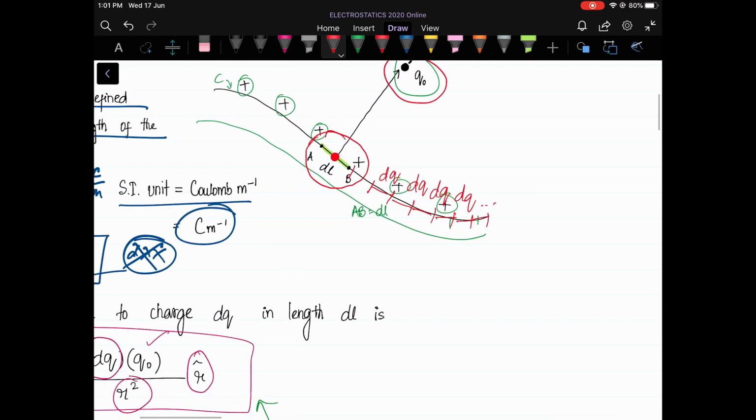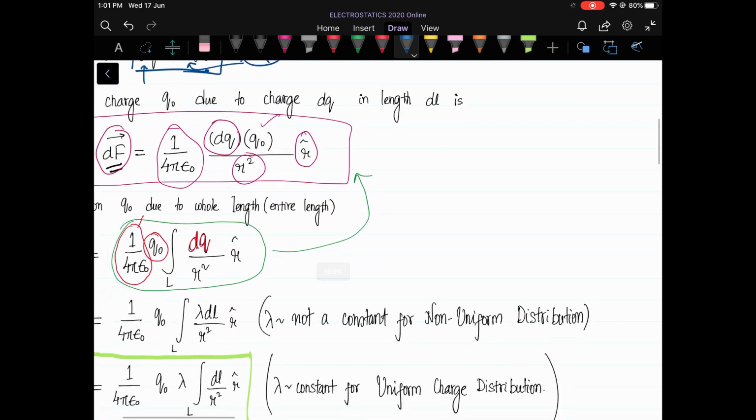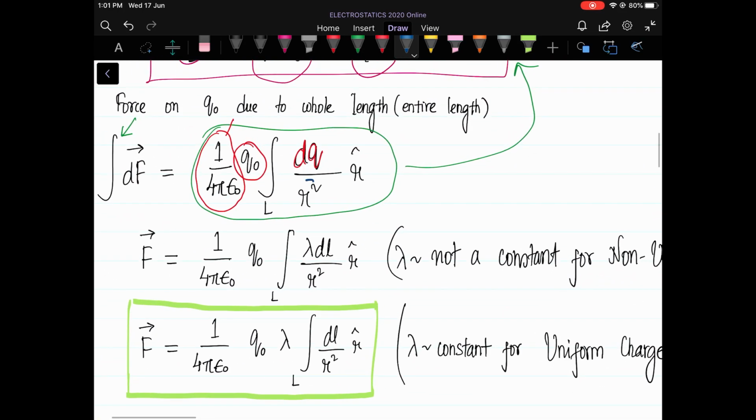As you can see, the distance between this charge and this length is r, but if I talk about this charge and this q naught, the distance will be different and it will not be your r anymore. It will be some other distance. So clearly your r is not a constant and it stays inside the integration, and obviously even the r cap, the direction, is going to change.